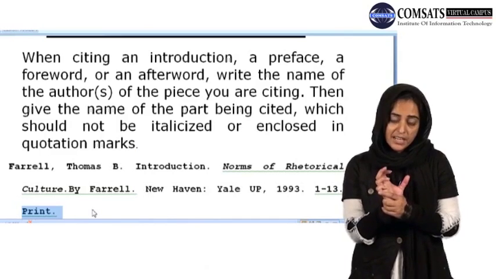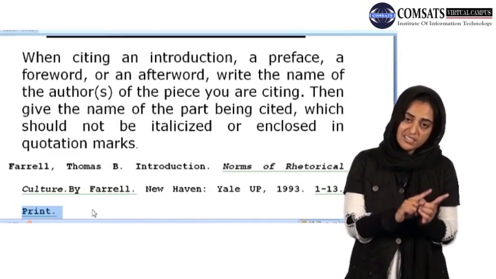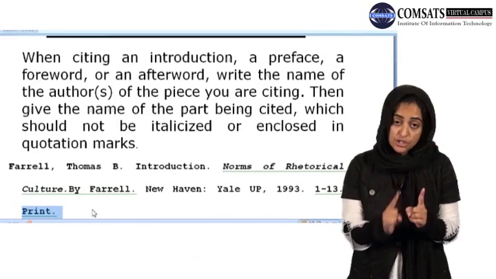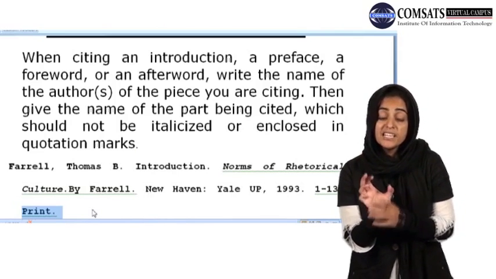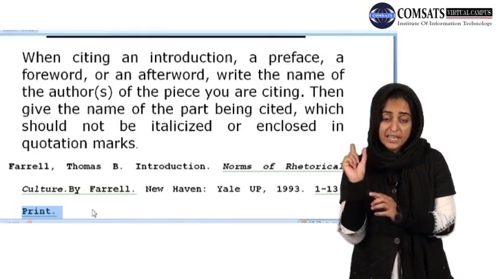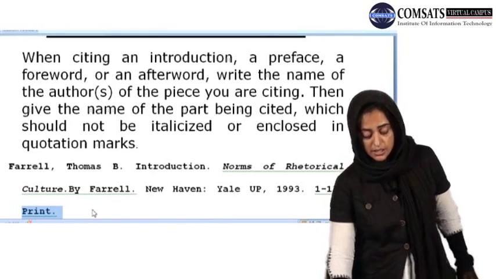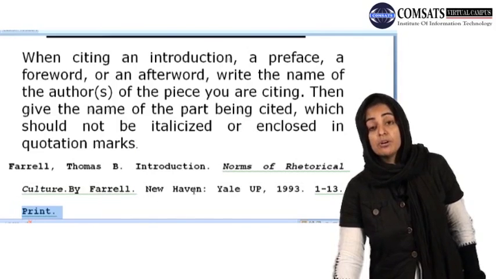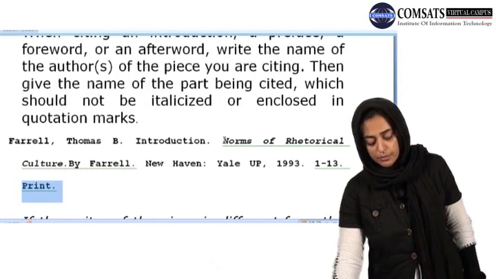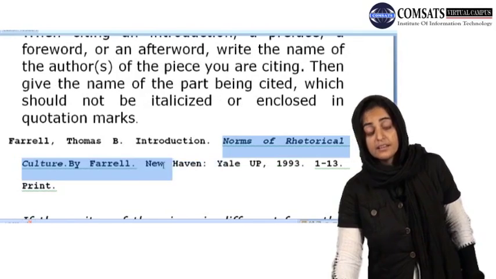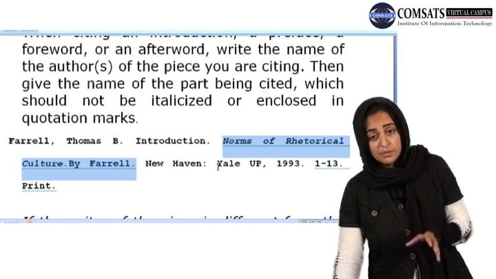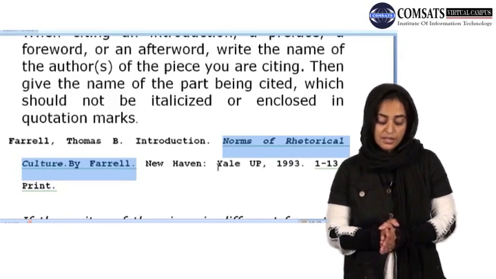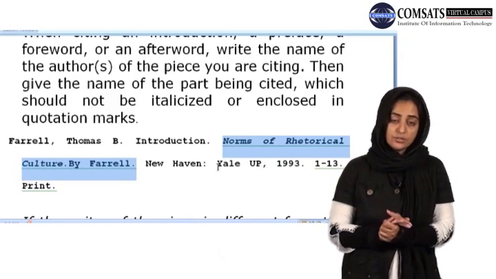You will write the name of the author in last name, first name fashion. Then you will write the name of that particular piece of writing, that is, if it's an introduction, the word introduction. After it, the title of the whole work, the book, then the city of publication, then the publisher's name, then the year of publication, then the page numbers, and after it the medium of publication.